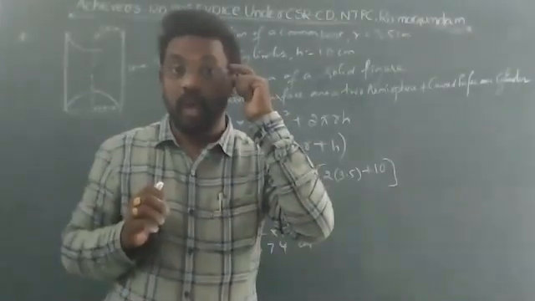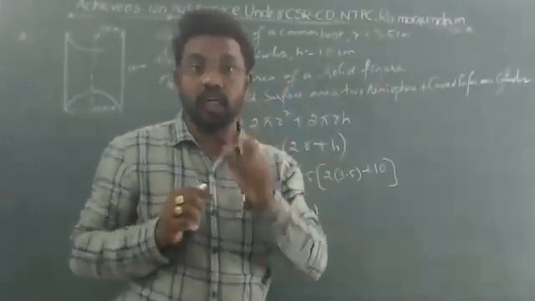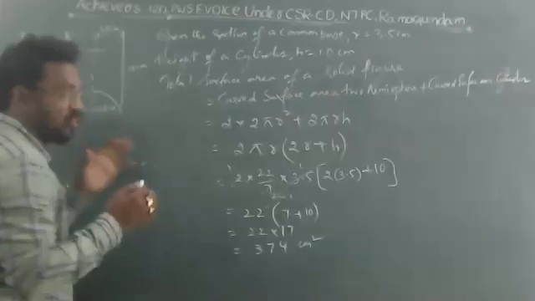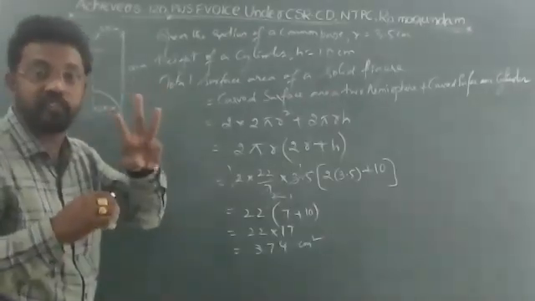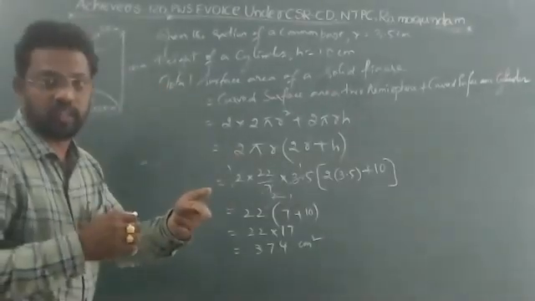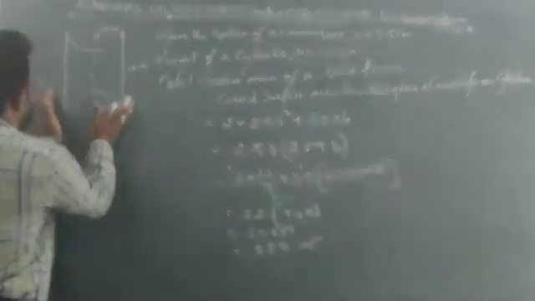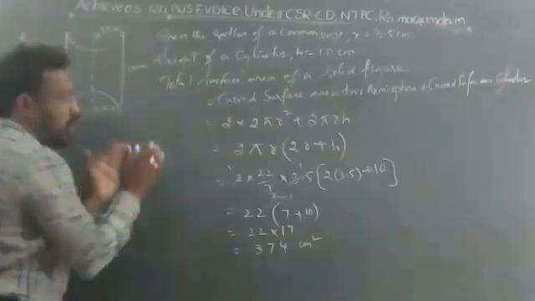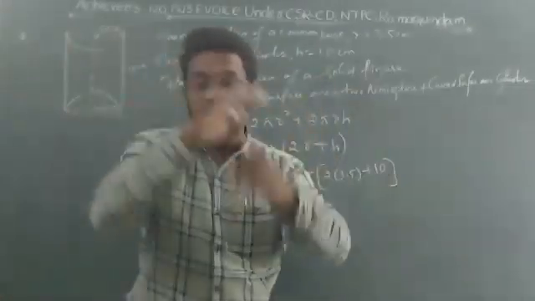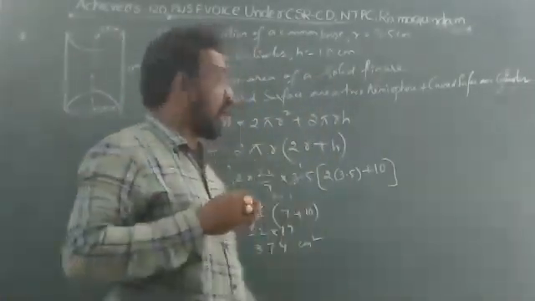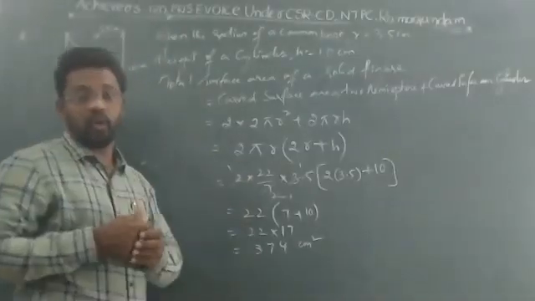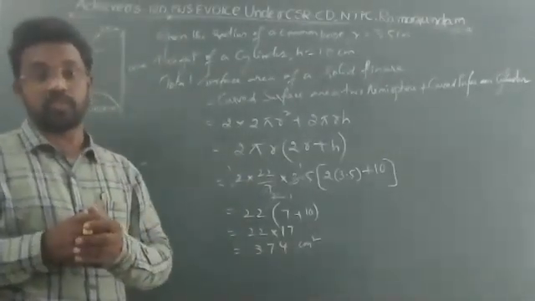At that time you have to be very careful. Total in the sense we are adding, we are clubbing all the three figures, that is called total. But here curved surface formula, because only outlines we have to take. Outlines is only called curved surface area. So like that you have to be very careful while doing the problems.